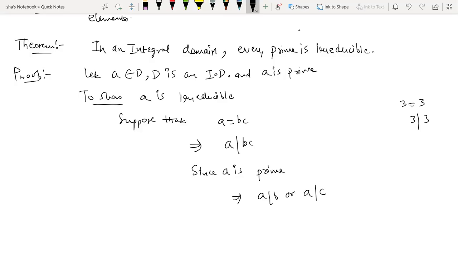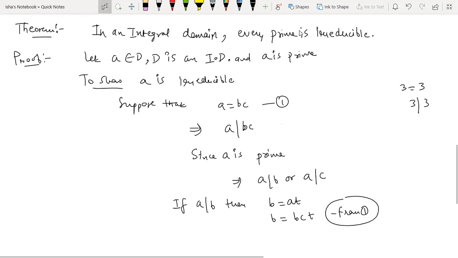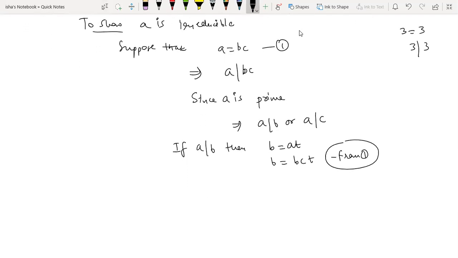So if a divides b, then b can be written as a into t. Further you can substitute the value of a from equation number 1, a is actually b into c. So b is equal to bct.